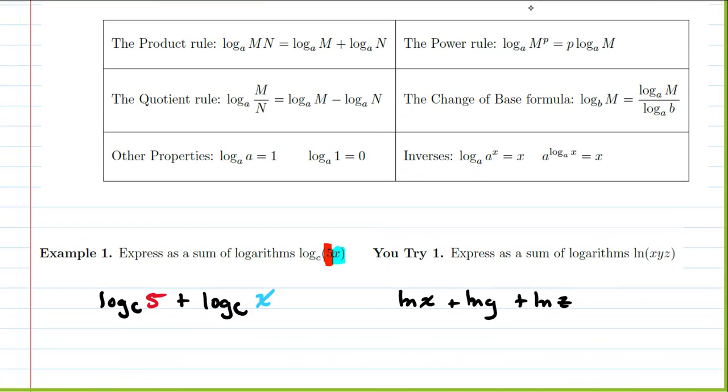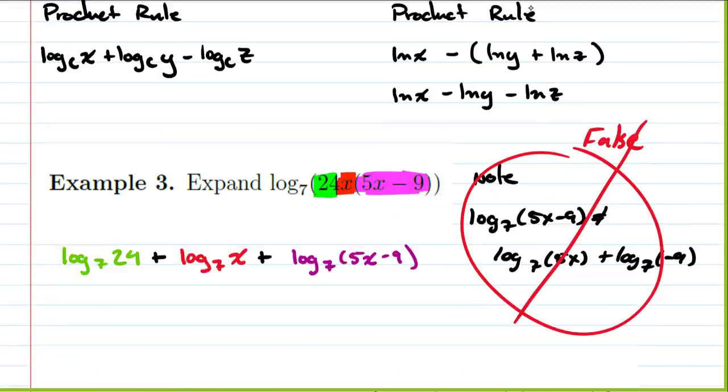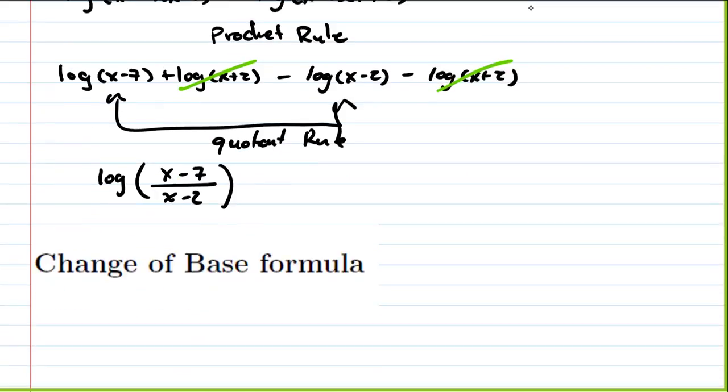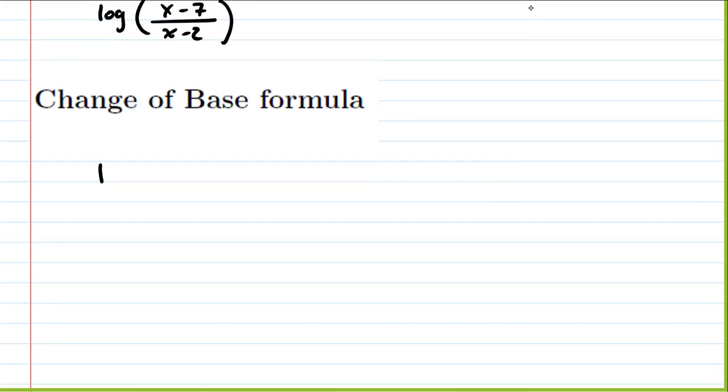So change of base formula is this guy right here. Tells us that we can change the base of a logarithm: log base b of m is equal to the logarithm base a of m divided by the logarithm base a of b.